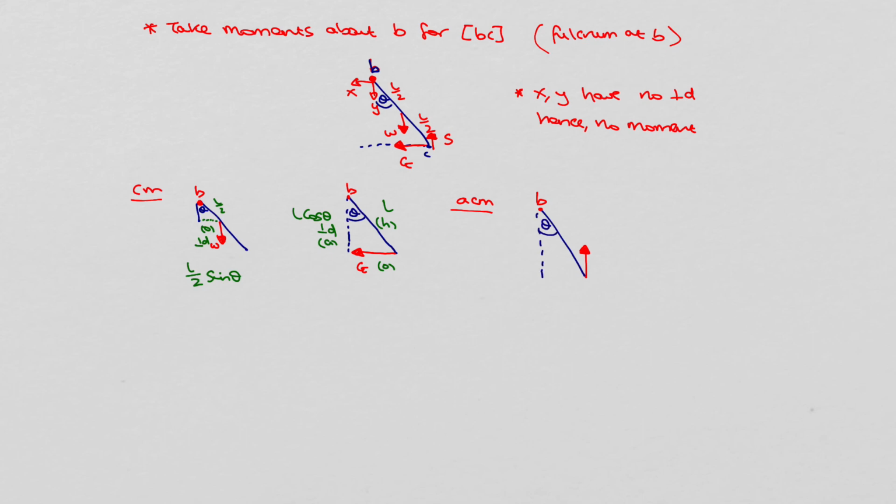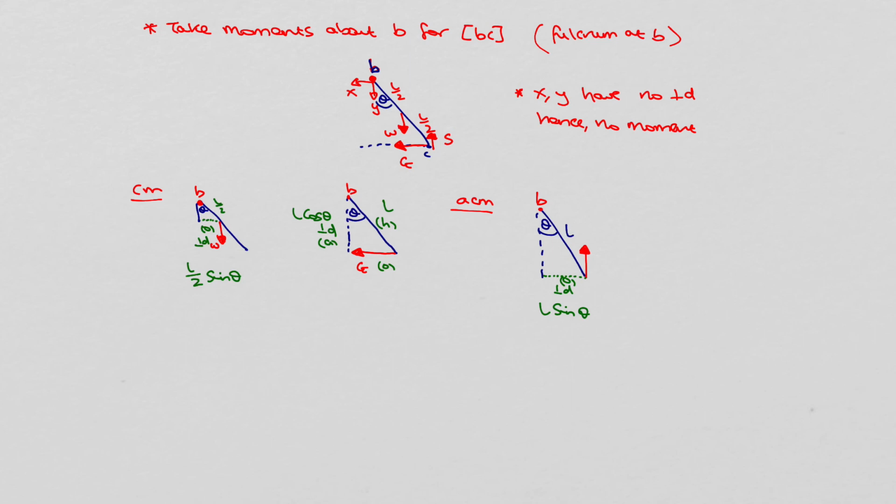So therefore my perpendicular distance is going to be the opposite. And the opposite is always H sine theta, where H is L and then sine theta.